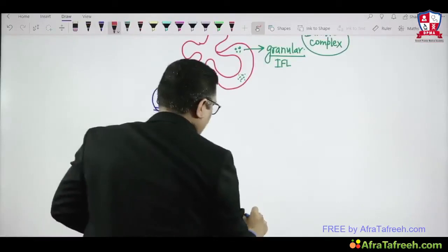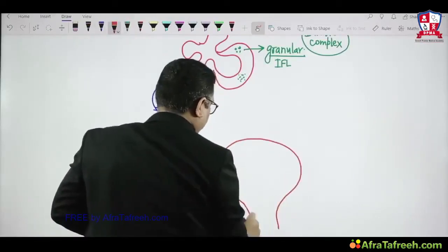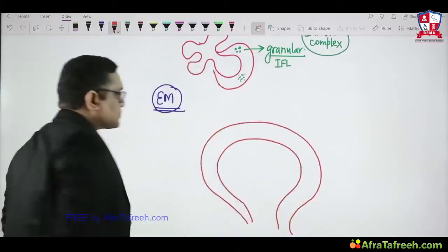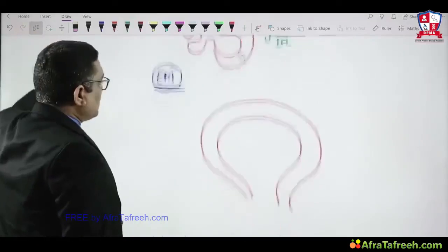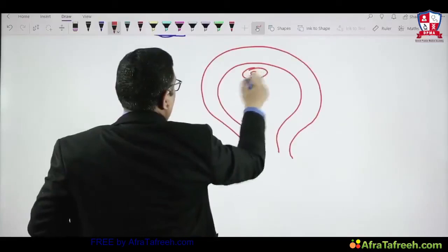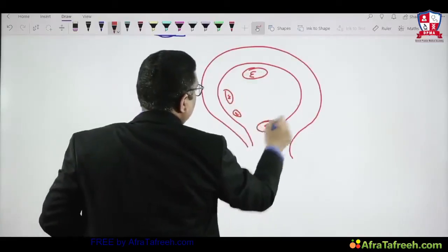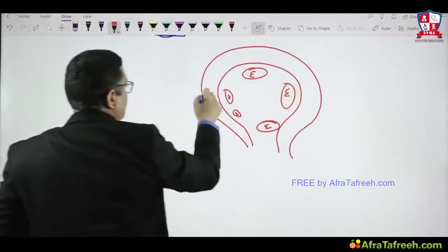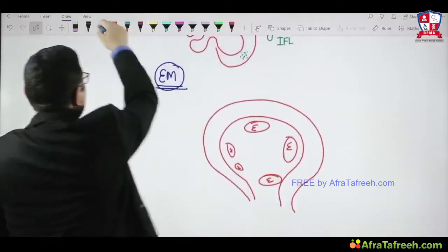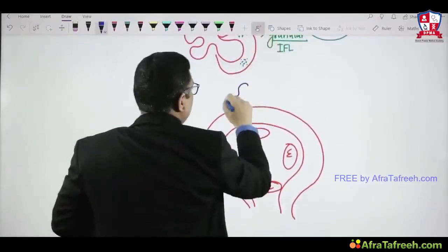On electron microscopy, you will see that there is a capillary, there is a basement membrane, right? As I have told you, capillaries are lined by endothelium, endothelial line, right? These are the basement membrane, and here I would like to tell you, number one finding is the visceral epithelial cell, right?